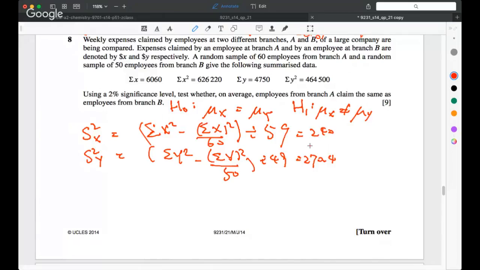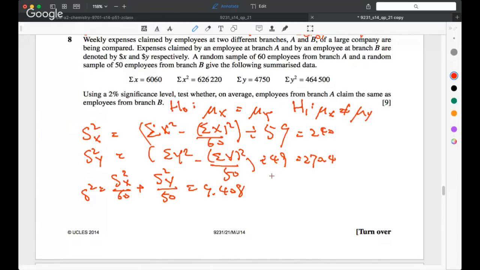from which we can estimate the population variance for the combined sample, which is S squared equal to Sx squared over 60 plus Sy squared over 50. And we find S to be 9.408.